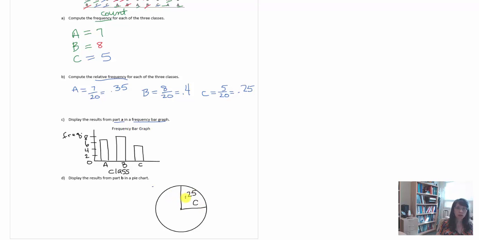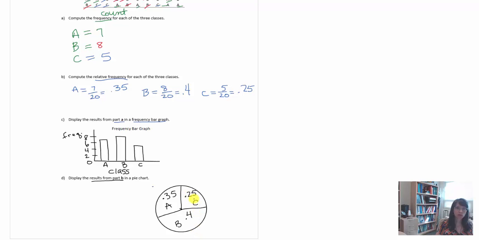Now I'm writing in the relative frequency because we're displaying the results from Part B, and those are the relative frequencies. All right, next is 0.35, so that would be just a little larger than 0.25. So 0.35 represents class A, and that leaves class B at 0.4 for the final wedge.